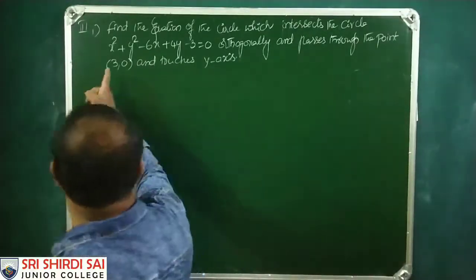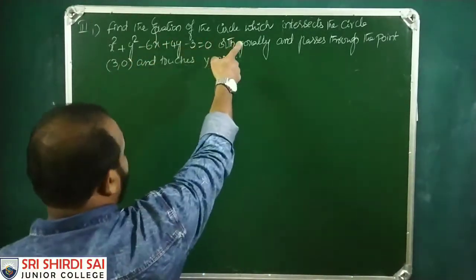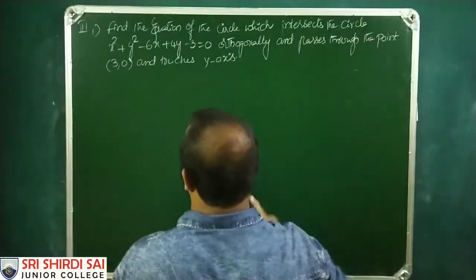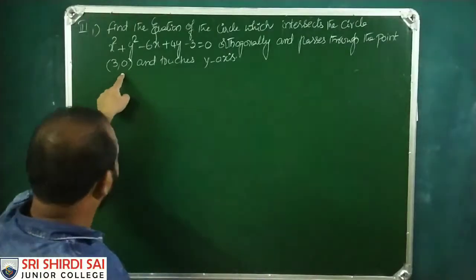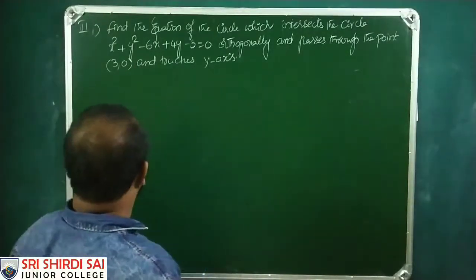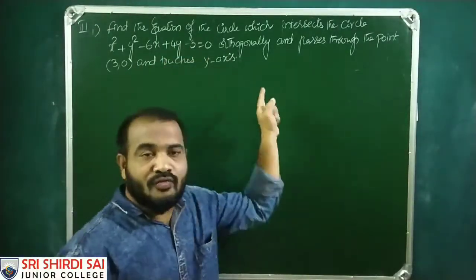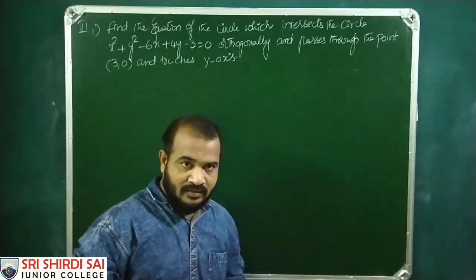The first problem is: find the equation of the circle which intersects the circle orthogonally and passes through the point (3, 0) and touches the y-axis. That means we need to find the equation of a circle.